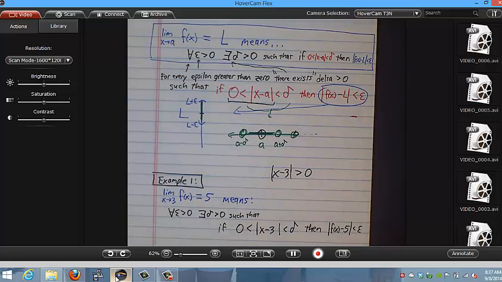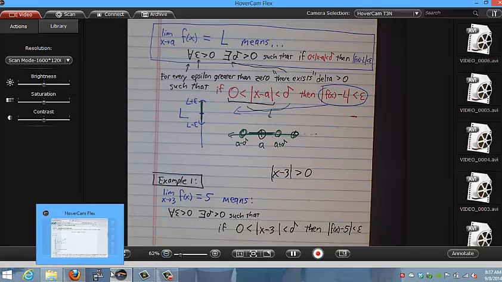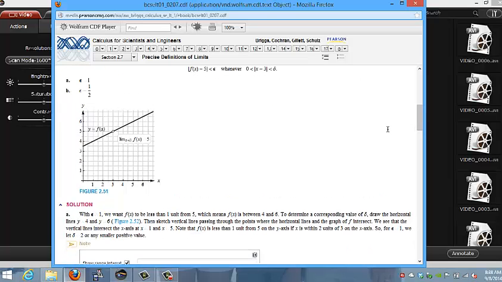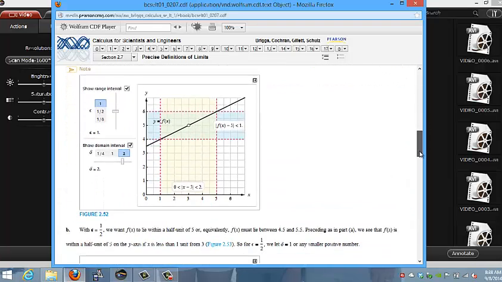So now we look at the picture, and it says, okay, can you find a delta satisfying the statement? So they say, what about when epsilon equals 1, and what about epsilon equals 1/2? And again, I guess I don't want to go through this too much. I mean, we just did. If epsilon equals 1, we want to be between 4 and 6. And that was actually shown down here, right?